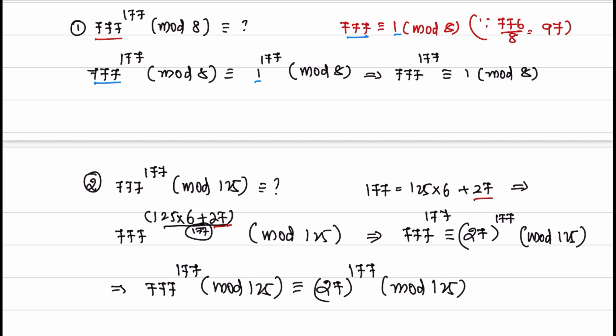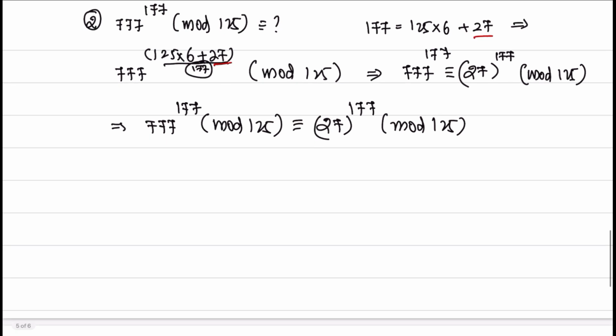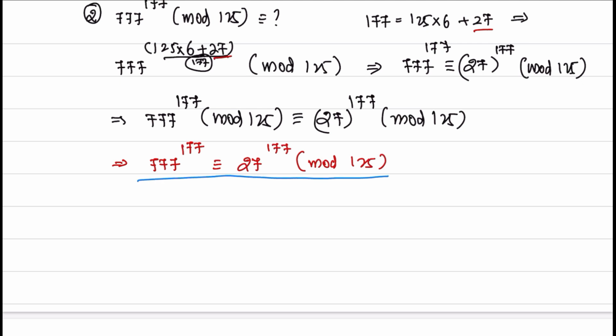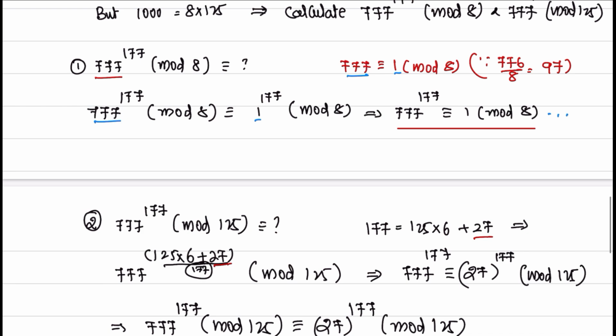First one is equivalent to 1 mod 8. Second one is 777 to the power of 177 equivalent to 27 to the power of 177 mod 125. This is equation 2. This is equation 1.